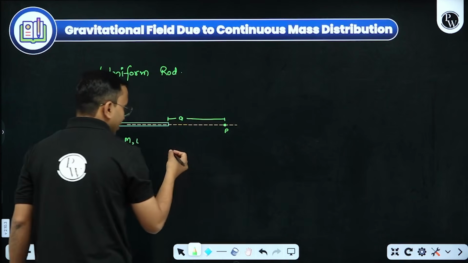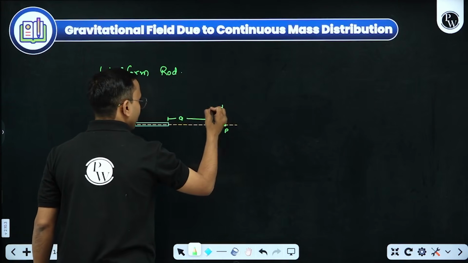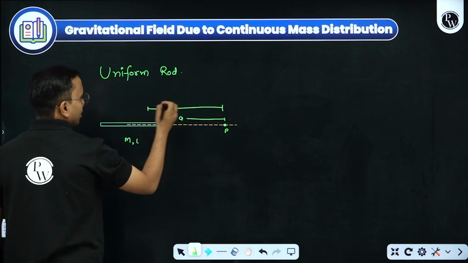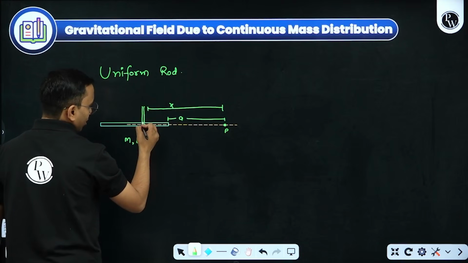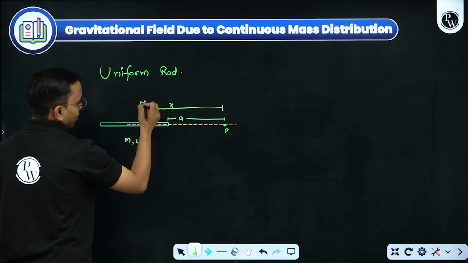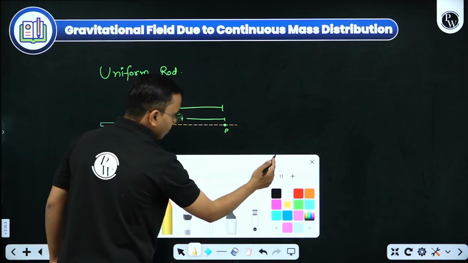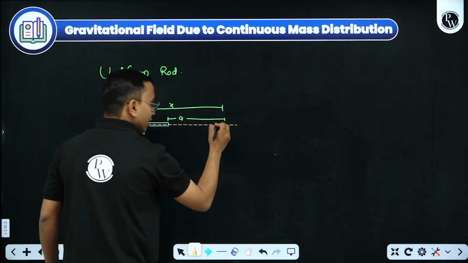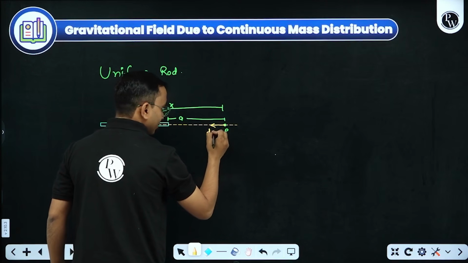So let us take, at a distance x from here, a thin section of this rod, and this thickness is dx. Due to this dx, what will be the field there? That will be in this direction, and let us write that as dE.